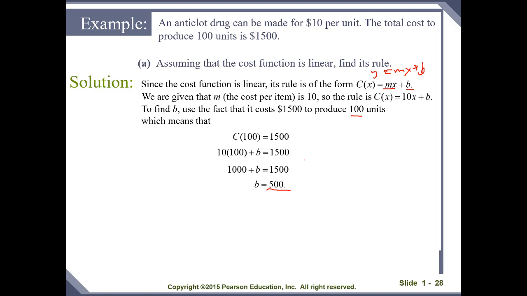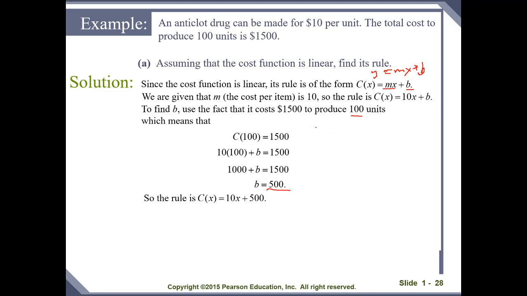Something like a car rental, where a car rents for $50 a day plus 10 cents a mile. That's the same sort of problem. We have a fixed cost, and then we have so much per unit. So our full cost function is C of x equals 10x plus 500.